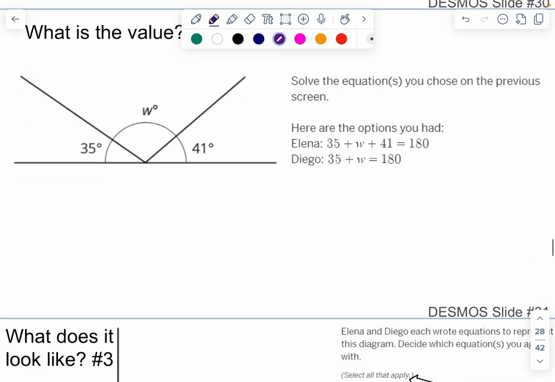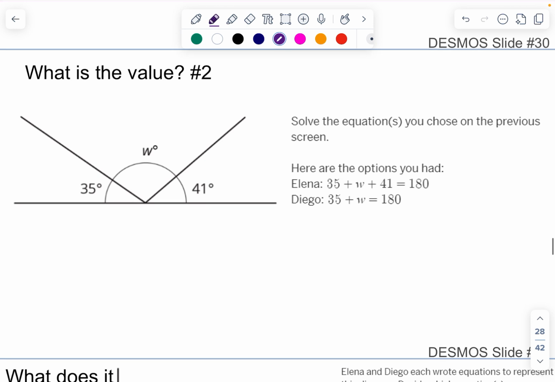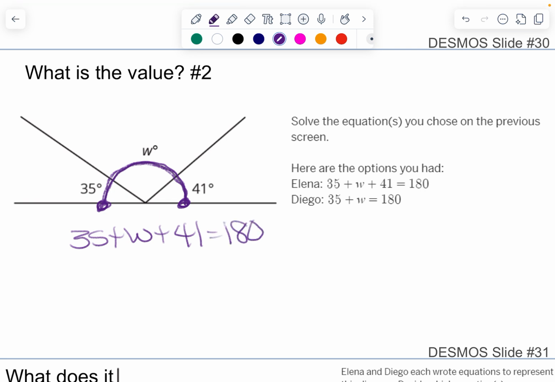And that's what this next slide's going to ask us to do. So it's asking us to take what Elena said, drawing that semicircle right there. We start and we stop on the same line. So we can say that 35 plus W plus 41 equals 180 degrees because they are supplementary.